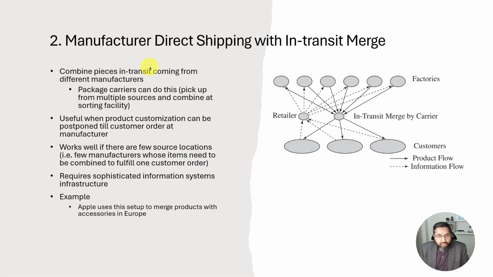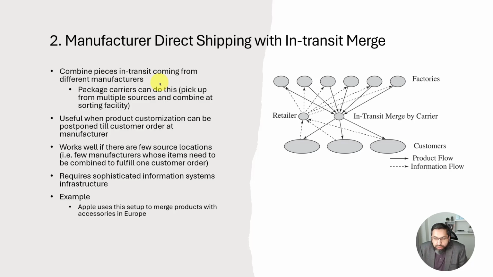Okay, so the second type of network is basically the same as the first type, drop shipping, but we're doing in-transit merge to improve the customer experience so they get their whole order as one shipment instead of many different shipments from different manufacturers.